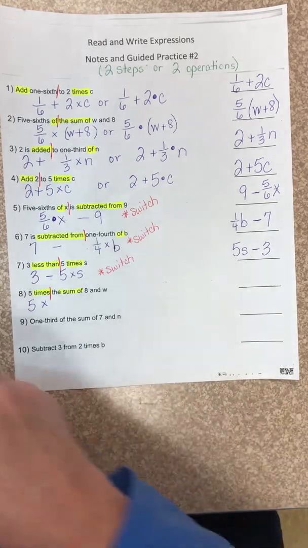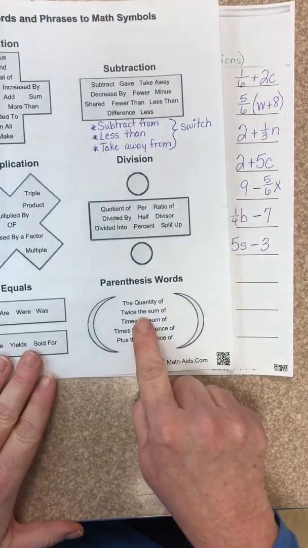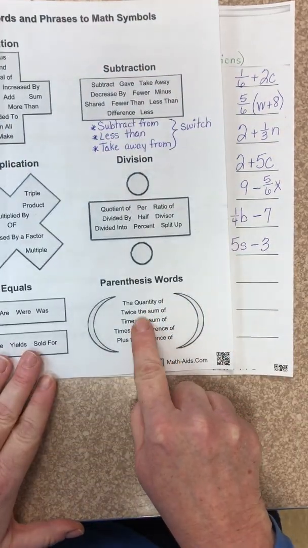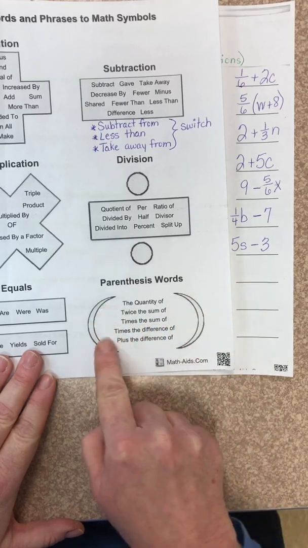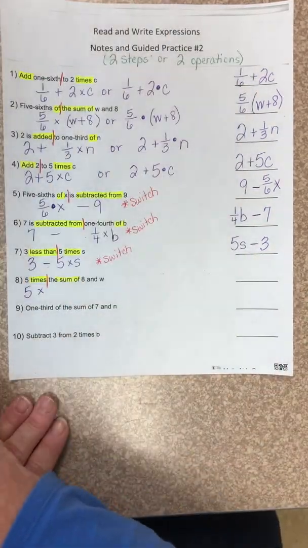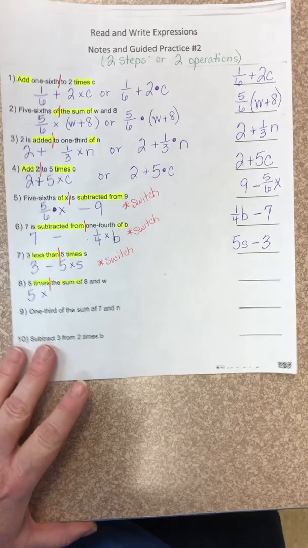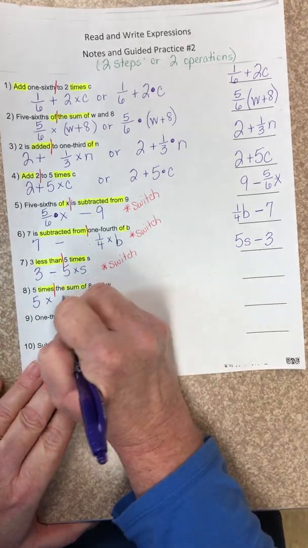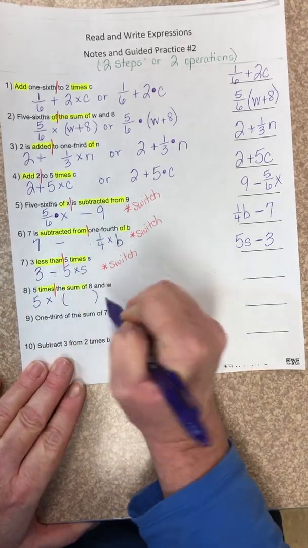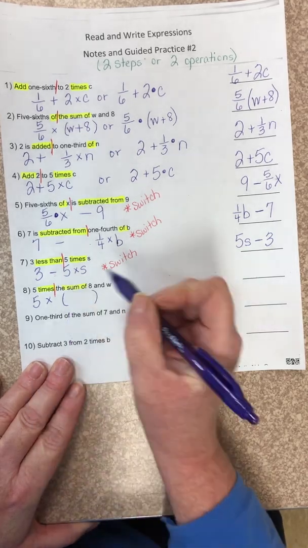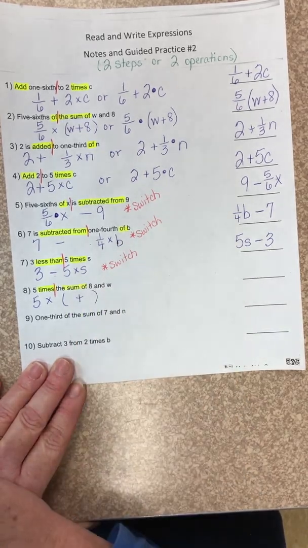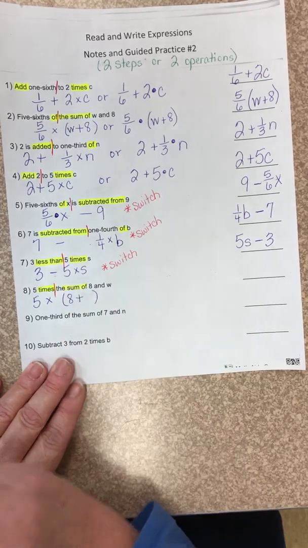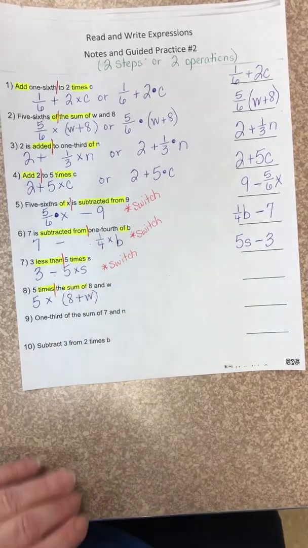Well, if I refer to my reference sheet, the sum of, I'm only going to look at this part. The sum of means I need parentheses. So I'm going to put in my parentheses. And what am I going to do in there? Add 8 and w.